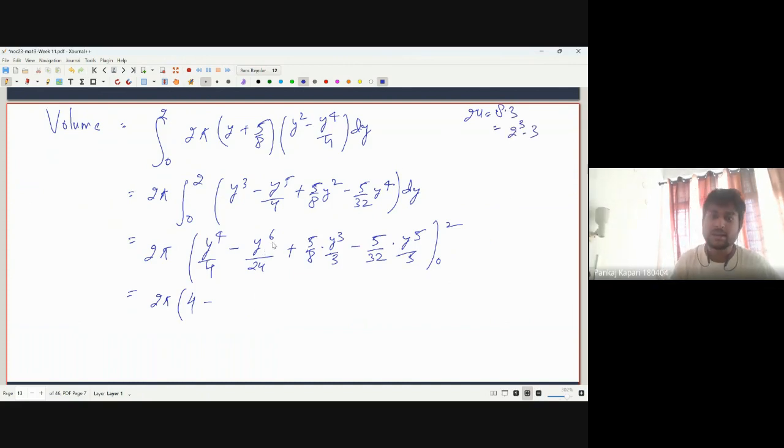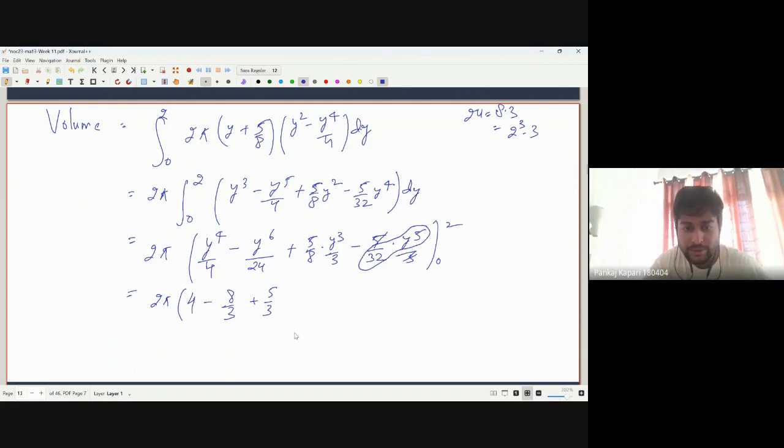So you can cancel, and then you will have just 8 by 3. Similarly, these two also cancel, right? When you put y equal to 2, this is just 2 cube and 8 is equal to 2 cube, so these two cancel. So you have just 5 by 3. And this 5 and 5 will cancel out. And then if you put 2, then y to the power 5 is equal to 32, right?